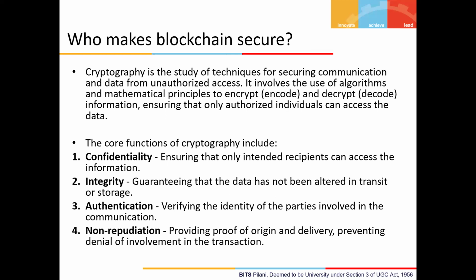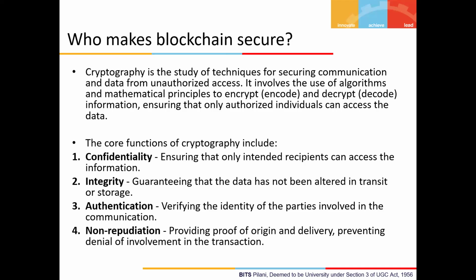What it does is encode your original data and then send it so that nobody can read it, and the authorized person can decode that data and have the correct information. The core functions of cryptography include confidentiality, integrity, authentication, and non-repudiation. In order to achieve these properties, we have different algorithms and different ways to achieve them.